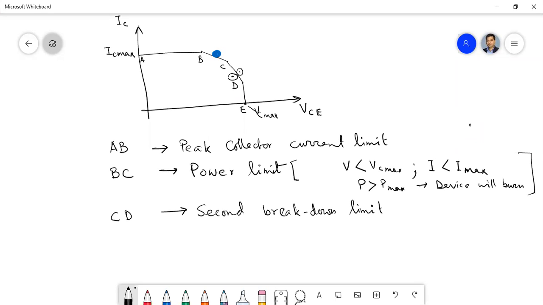Suppose you have selected this point and your device is working properly, so you are happy. Now, when you go for the switch off, then your device can be damaged. So this phenomenon generally occurs during the transient, not in the steady state.